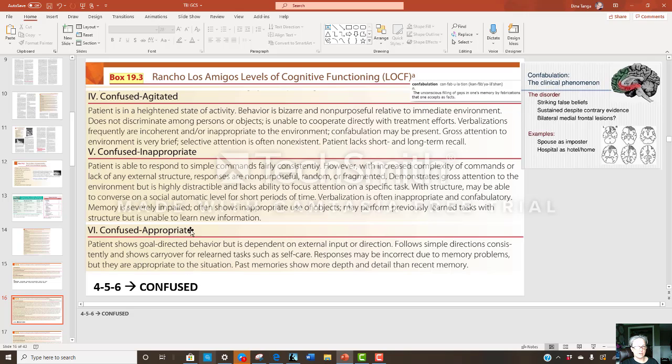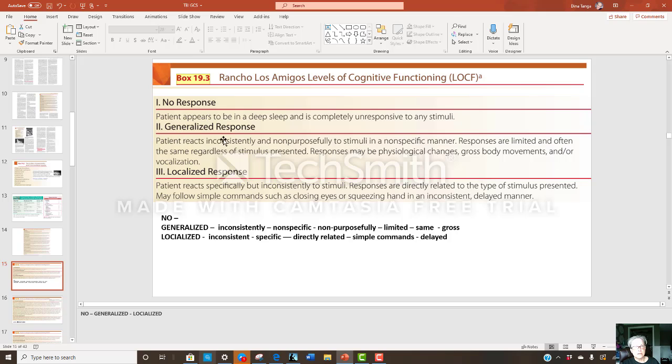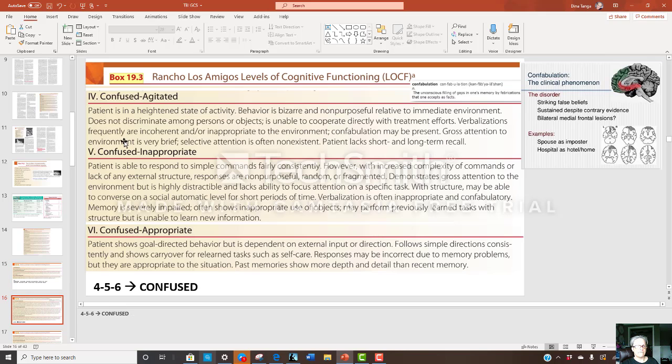So 4, 5, and 6: confused, confused, confused. Agitated, inappropriate, appropriate. You've got to know these headings. So let's go back. No response, generalized response, localized response: no, generalized, localized. NGL. Then confused, confused, confused.